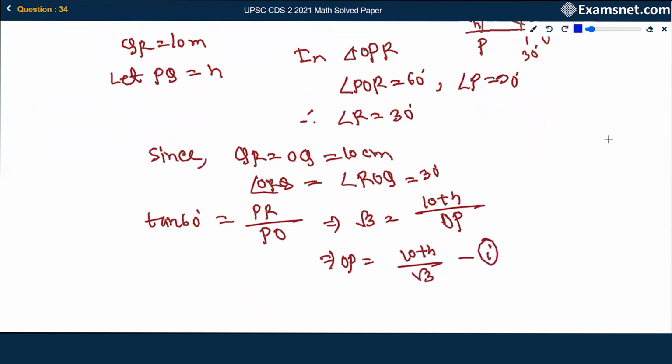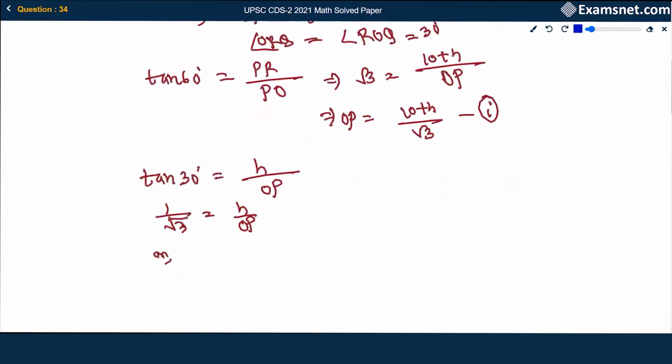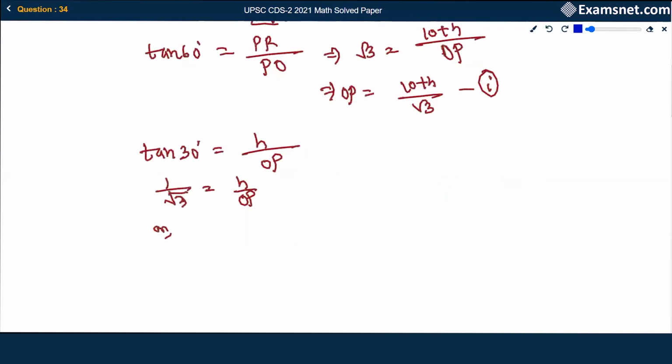Let's name it equation number 1. Next, tan 30 degrees = h/OP. So 1/root 3 = h/OP, or OP can be written as root 3 h. Let's name it equation number 2.